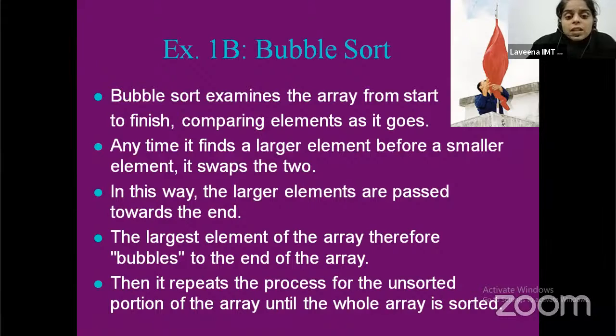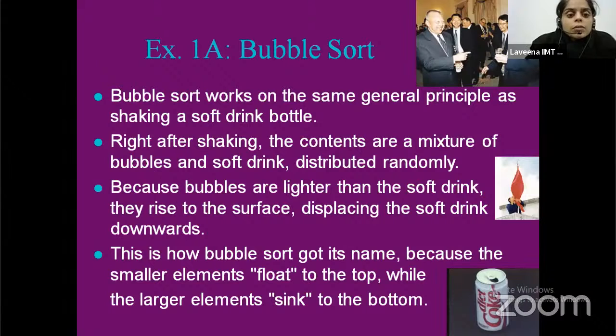Similarly, in this way, the largest elements are passed towards the end. The largest element of the array therefore bubbles to the end of the array. We keep making passes, or iterations, until we get the sorted array. Then it repeats the process for the unsorted portion of the array until the whole array is sorted.